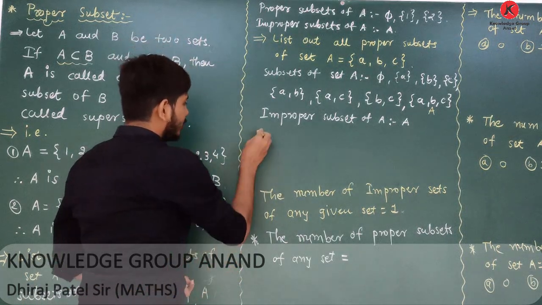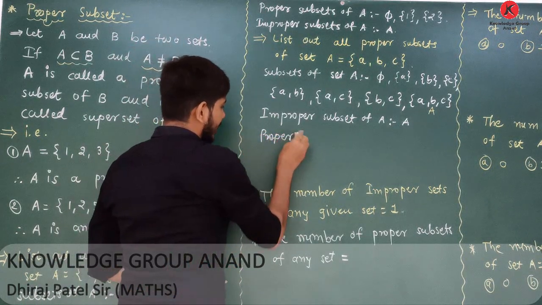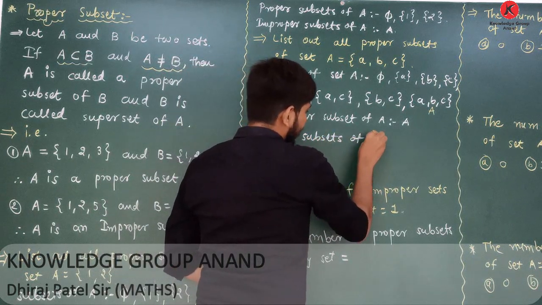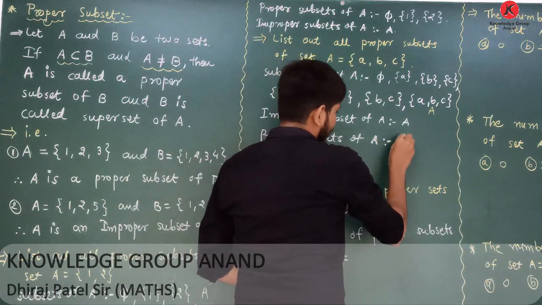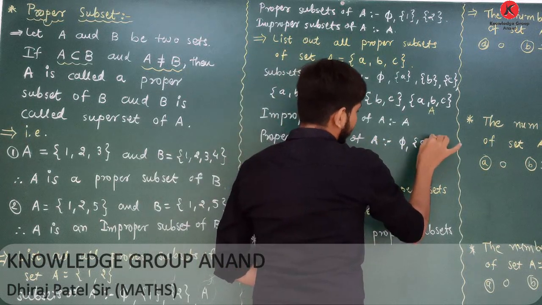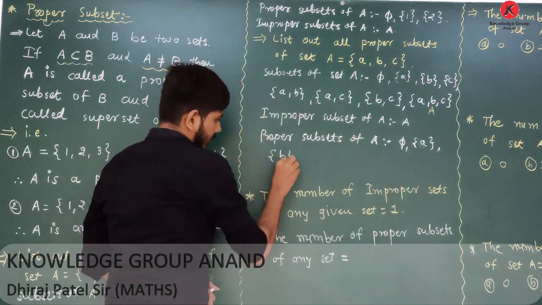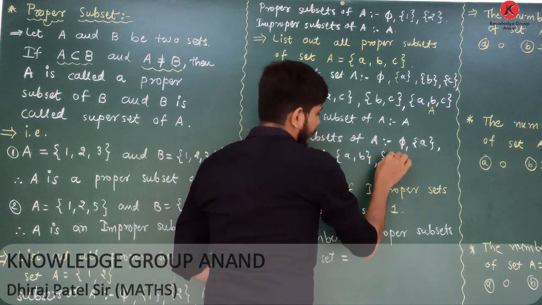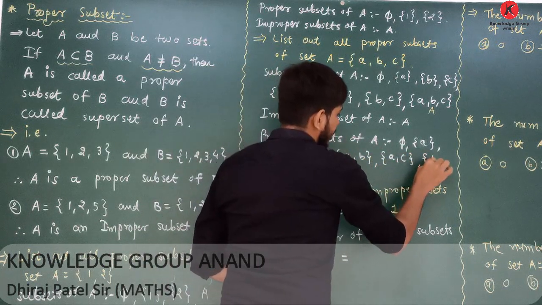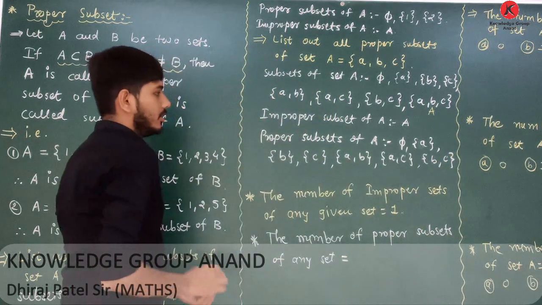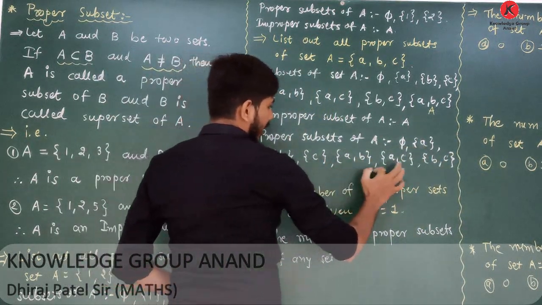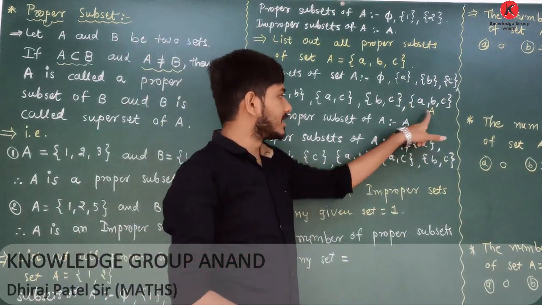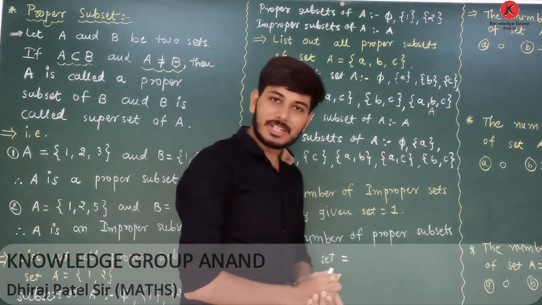Therefore, the proper subsets of set A are: first one, null set, curly bracket A, curly bracket B, curly bracket C, curly bracket AB, curly bracket AC, curly bracket BC. Total 1, 2, 3, 4, 5, 6, 7 subsets are proper subsets, and the set itself is our improper subset.